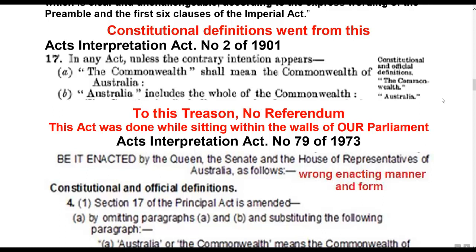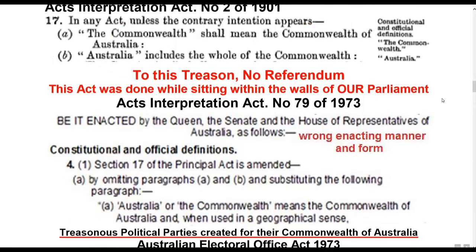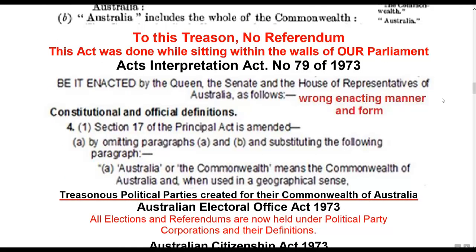To this treason, no referendum. This act was done while sitting within the walls of our Parliament. Acts Interpretation Act number 79 of 1973. Be it enacted by the Queen, the Senate and the House of Representatives of Australia as follows. Wrong enacting manner and form already. Constitutional and official definitions. 4. 1.